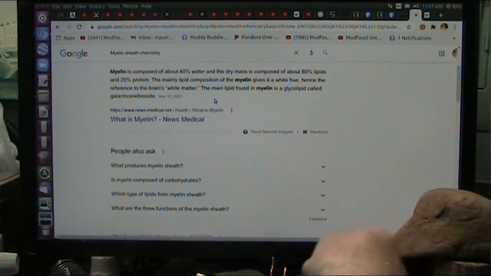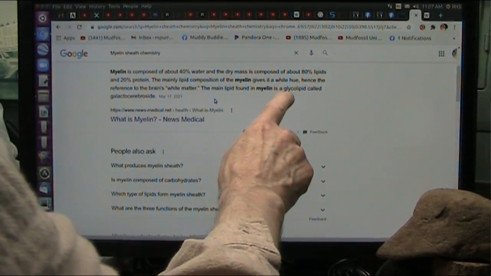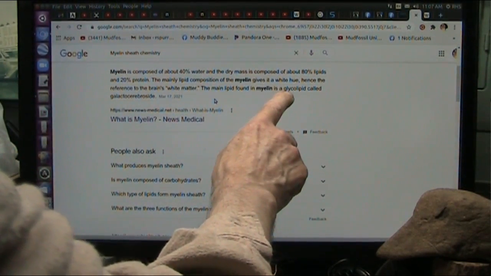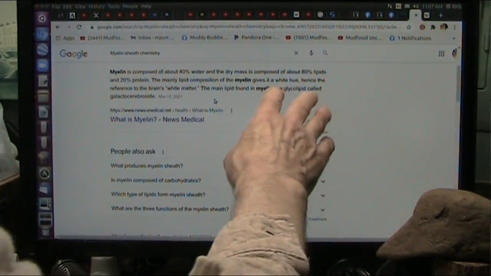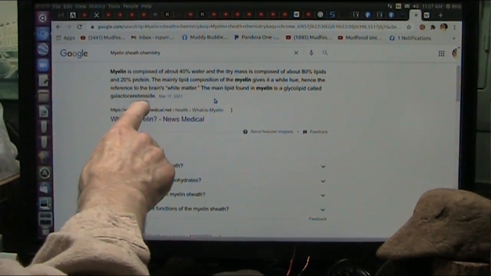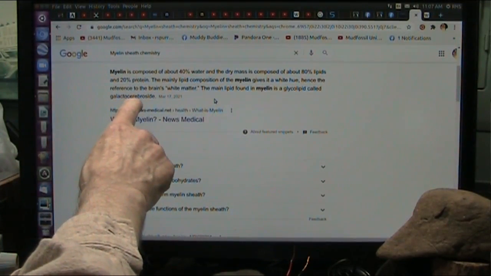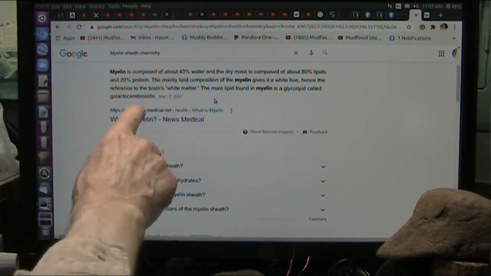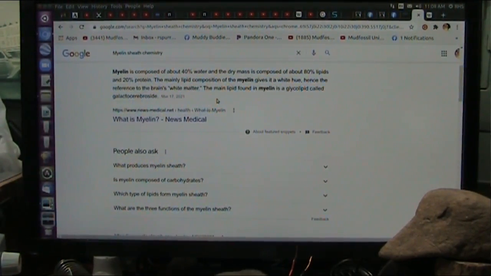They make that weed killer, and I think it's got something to do with the same chemistry. Same chemistry. It's glyphosate, it's glycolipid, and this is the name of the galactocerebroside. Normally when you ever see anything with a side on the end, it means it's a toxin.